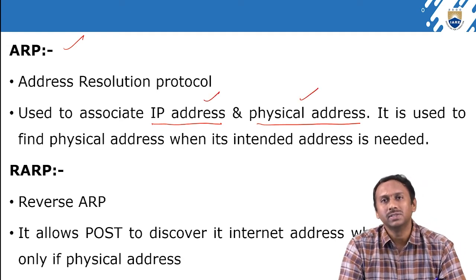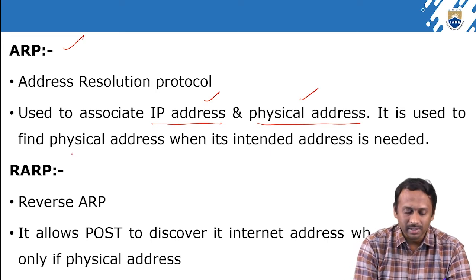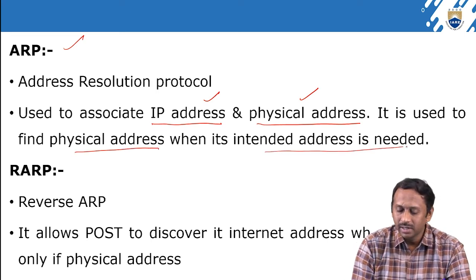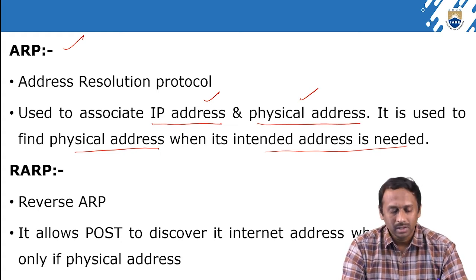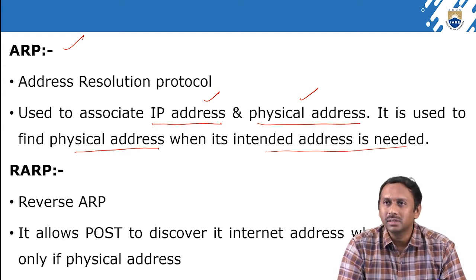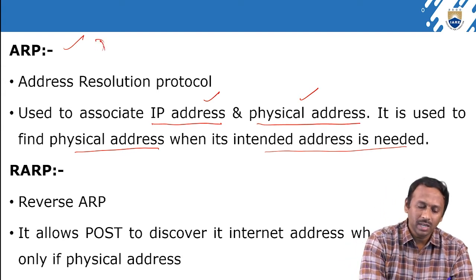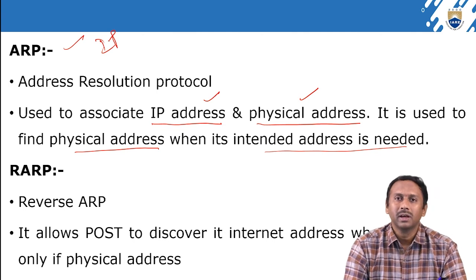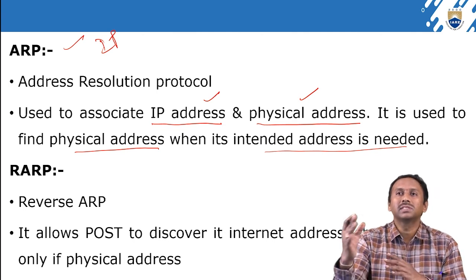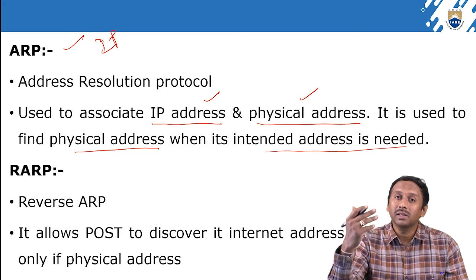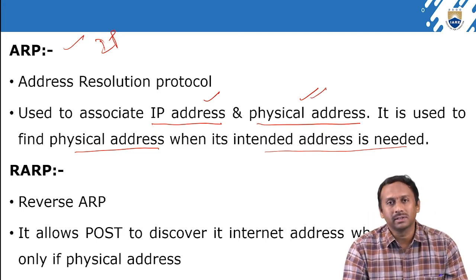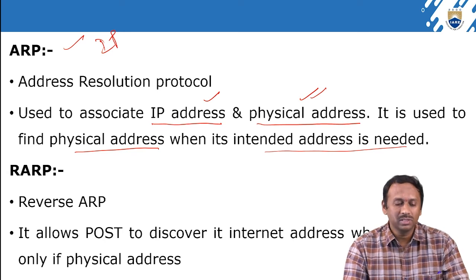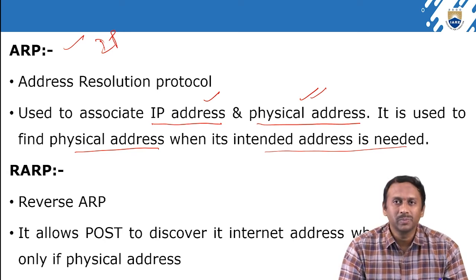It is used to find the physical address when it is needed. Assume the address resolution protocol has the IP address of a system. Based on the IP address, it is able to identify the physical address. Clear? This is possible with the Address Resolution Protocol.